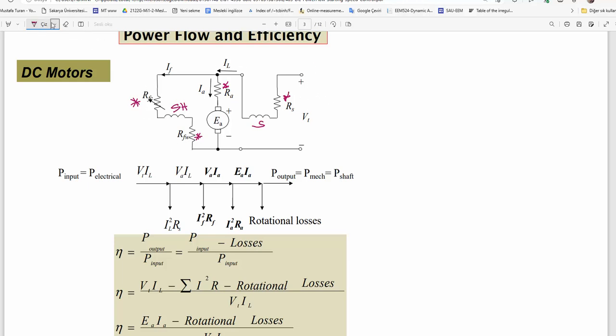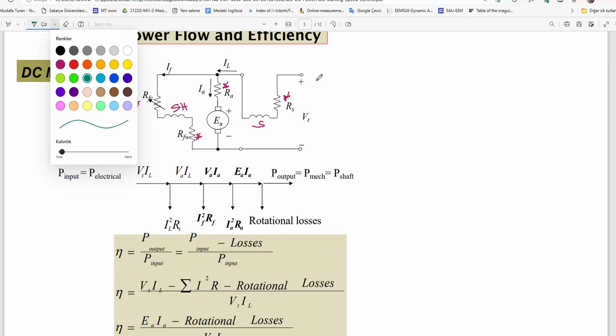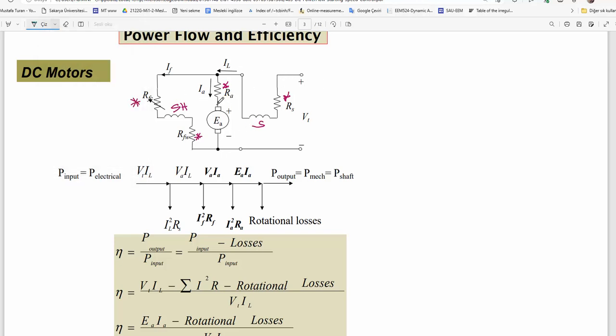In fact, ladies and gentlemen, here would be another element, would be here or somewhere here. That is, let me say RX or starter rheostat. There would be a rheostat to control startup current. Again, it would be a lossy element.